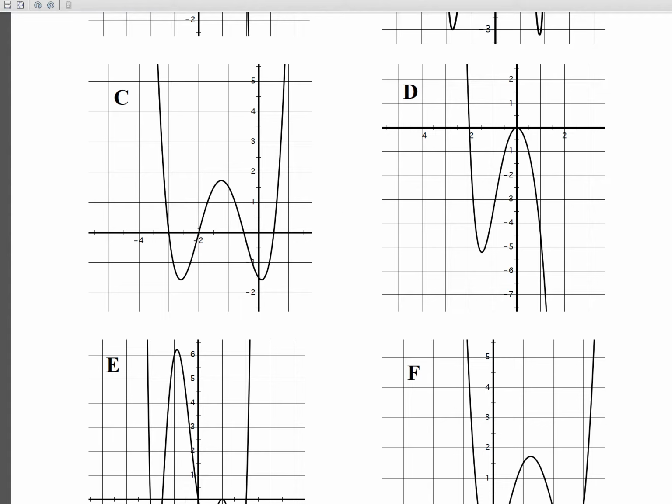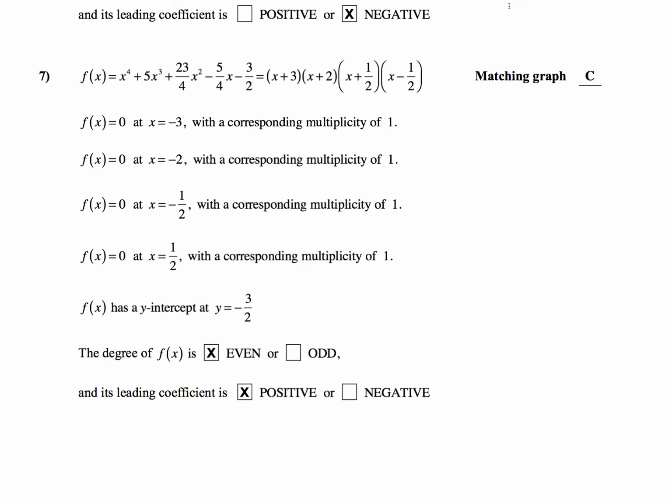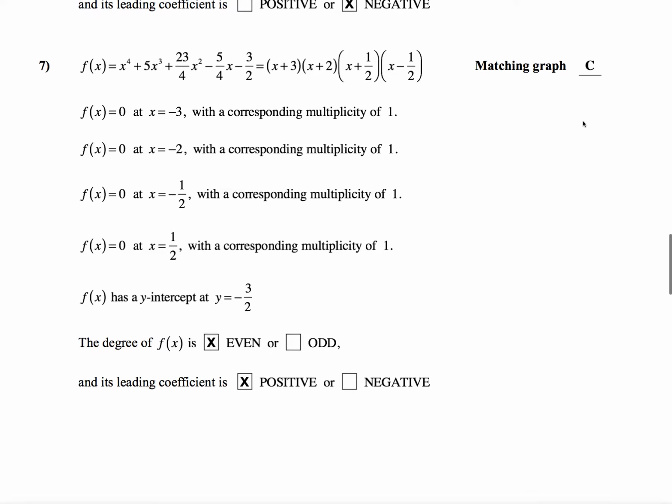Negative 3, negative 2, negative 1/2, and positive 1/2, with a y-intercept of negative 3/2, 3/2 being 1.5, so this is negative 1.5. And it turns up at both ends, and so as our solutions tell us, the matching graph is graph C.